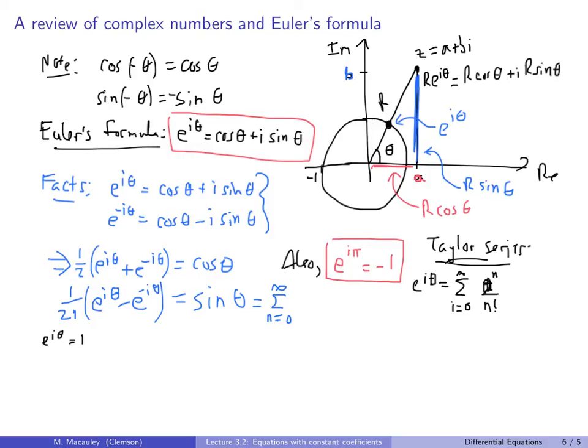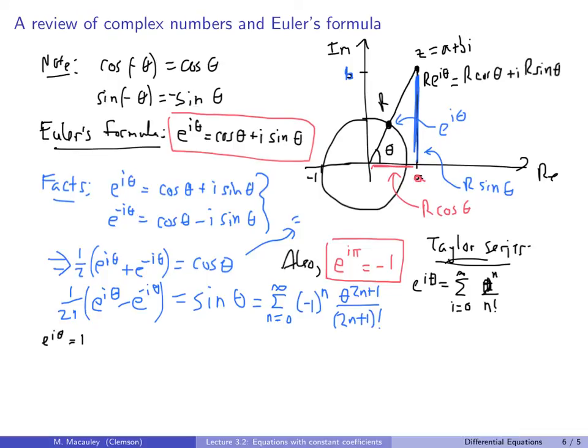So it's the sum of (-1) to the n times theta to the 2n plus 1 over 2n plus 1 factorial, and cosine, this series is the same thing, but with the evens instead of the odd terms.